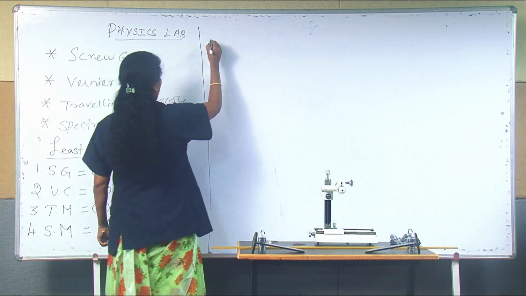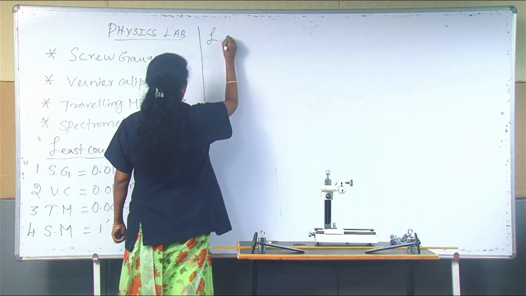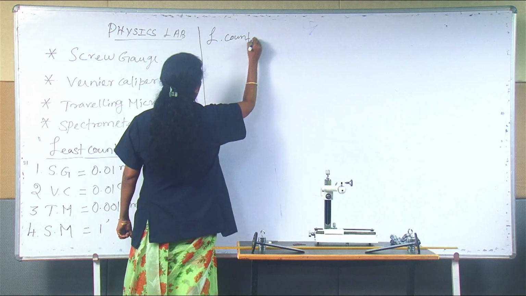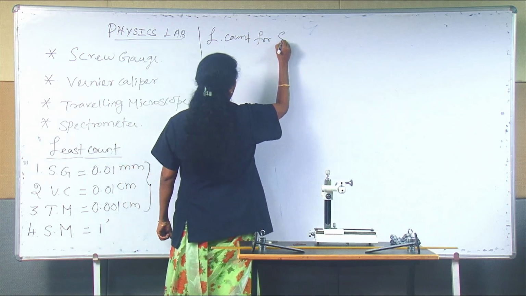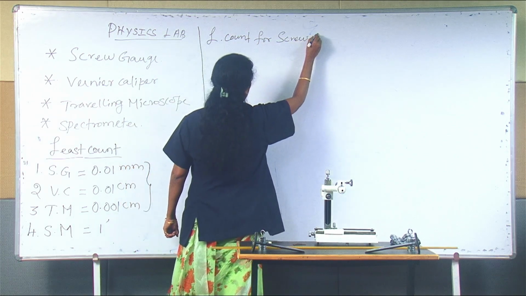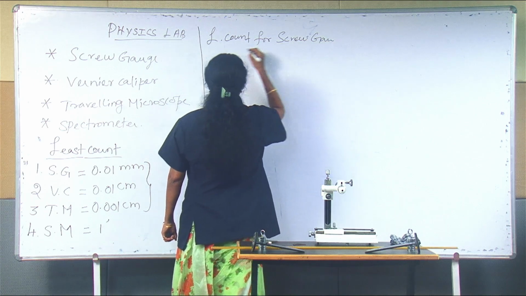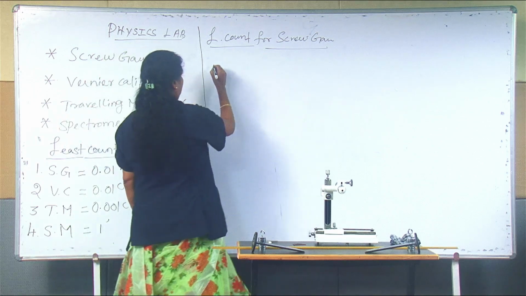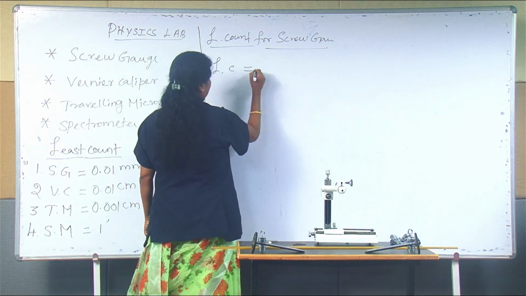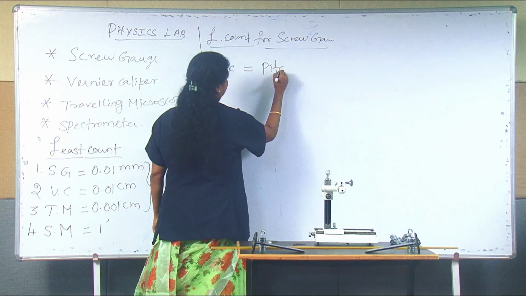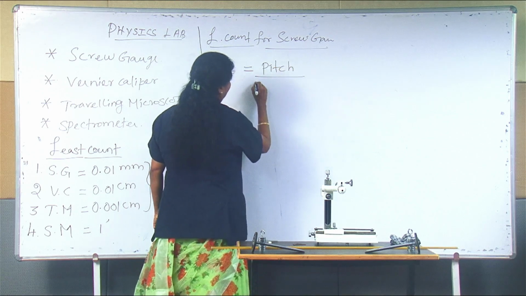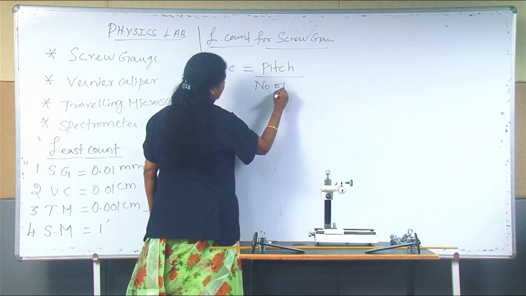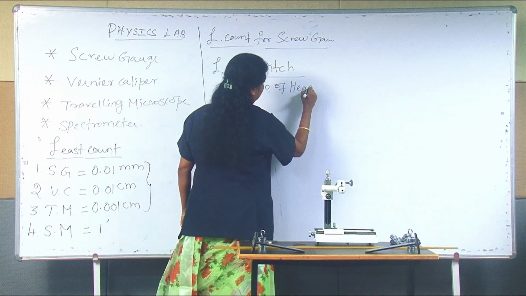So for the screw gauge, the least count is equal to pitch divided by the number of head scale divisions.